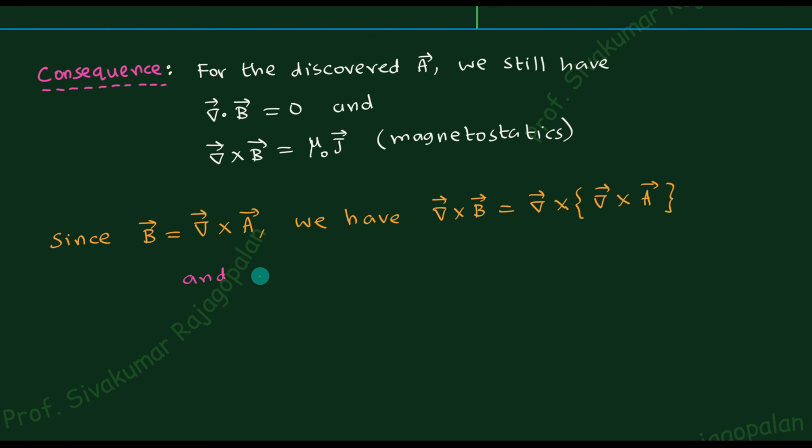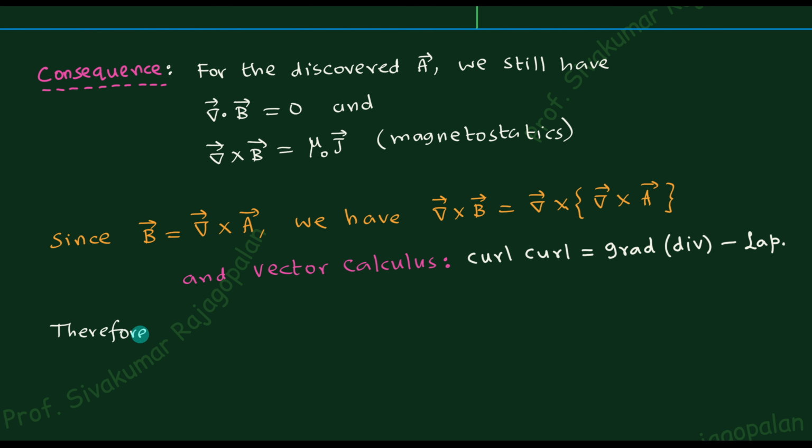You already know that, so I'll simply write it down. You read it like this: curl of the curl is equal to the gradient of the divergence minus the Laplacian. Let us write down how it looks. Del cross B is equal to del cross of del cross A. Now apply the curl. So we have the gradient of the divergence minus the Laplacian.